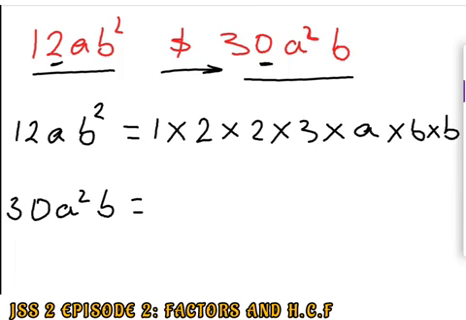Moving to the next one, factors of 30. 1 times 2 gives 2, times 2 gives 4, 4 times 3 gives 12. But will that place us on the right track? 12 times 2 gives 24, and we cannot multiply 24 by 2 to give 30.